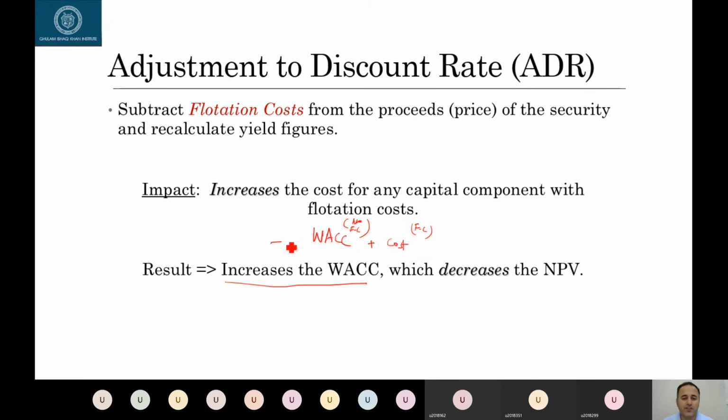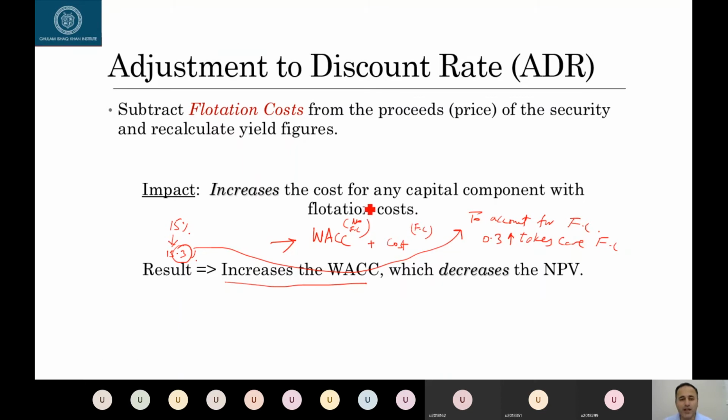Okay, so let's say if in case of no flotation cost, if the WACC is 15%, okay. So in order to account for flotation cost, you change it to, let's say, 15.3%. And where is this 0.3% coming from? It's actually to account for flotation cost, okay. And this 0.3 technical increase takes care of flotation cost.